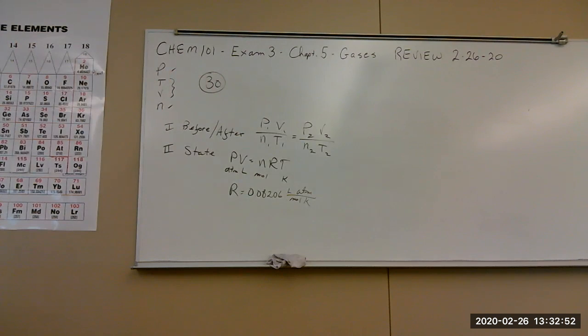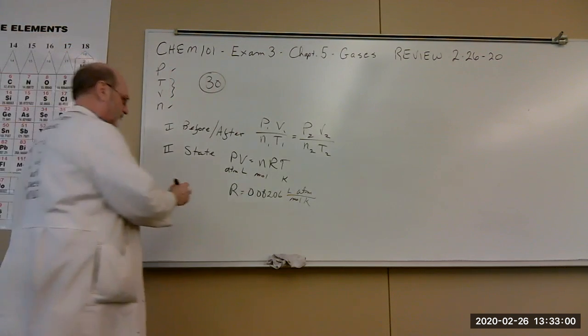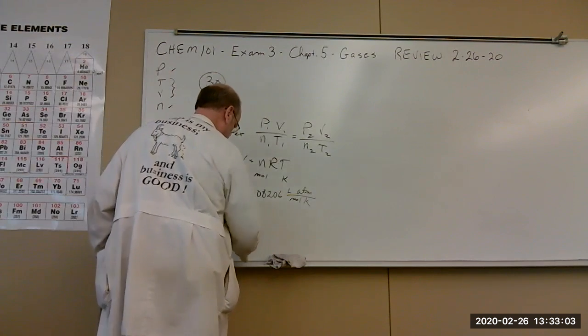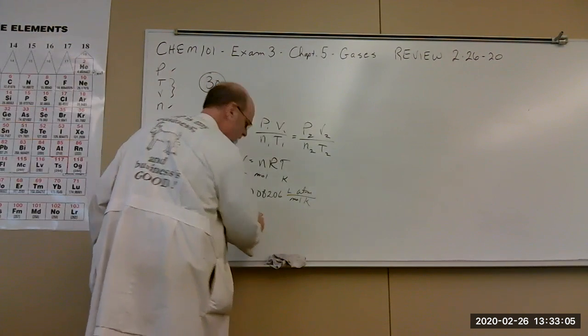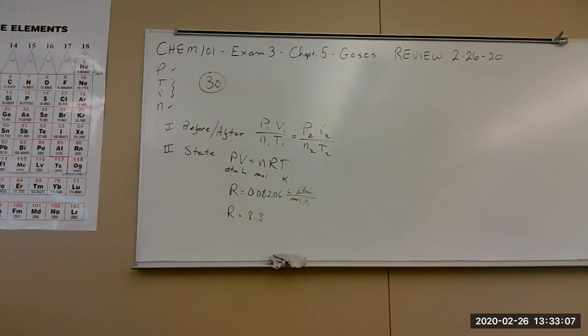So far, that's the only one that's on the whole board, I think. Except for, wait a minute, I've only worked halfway through. Okay, the last one's where we get into Graham's law. It uses the other one. 8.3. See, I don't get it right, since I don't use it every day. Yeah, 8.3145. I was right the first time.